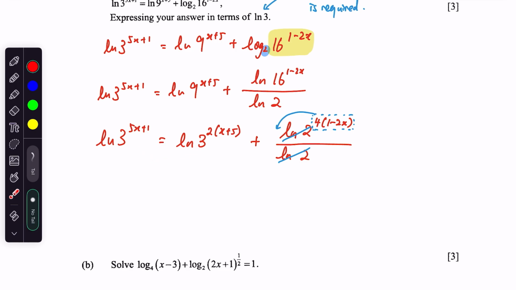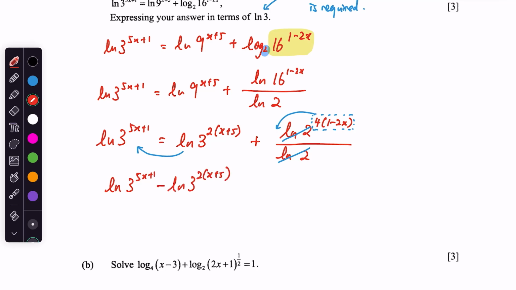I'll bring this ln 3 over to the other side. So what I'll get is ln 3 to the 5x plus 1 minus ln 3 to the 2 times x plus 5 plus I will bring out the 4 times 1 minus 2x, and then technically speaking there's a ln 2 over ln 2, but it cancels out, it becomes a 1. So I'll just erase this.